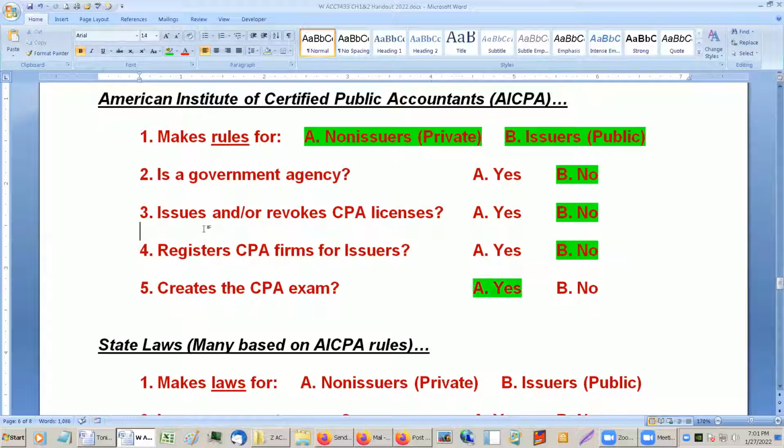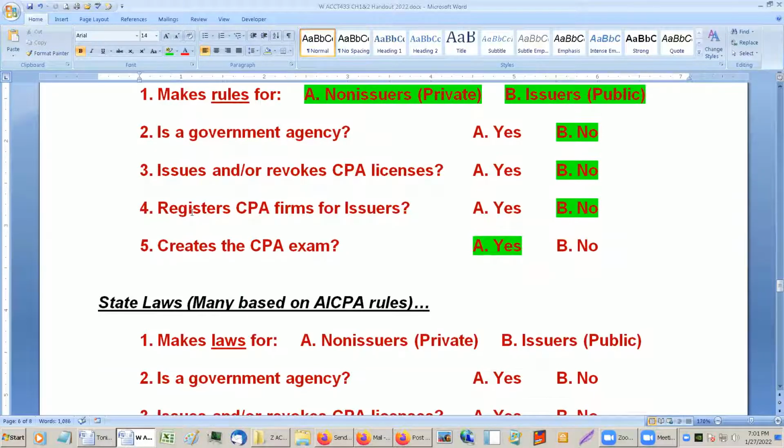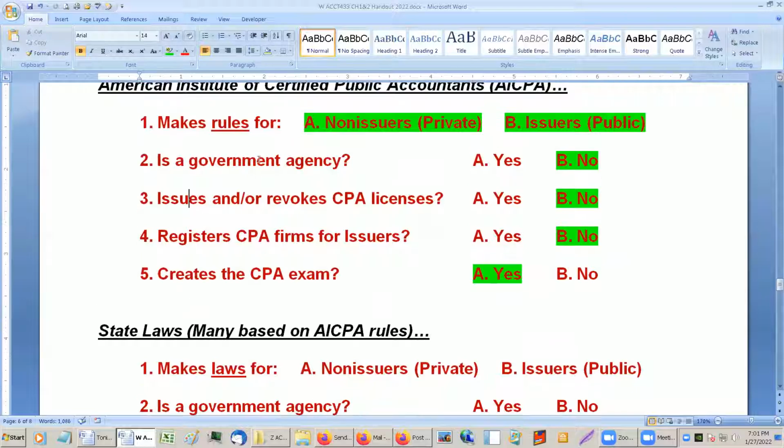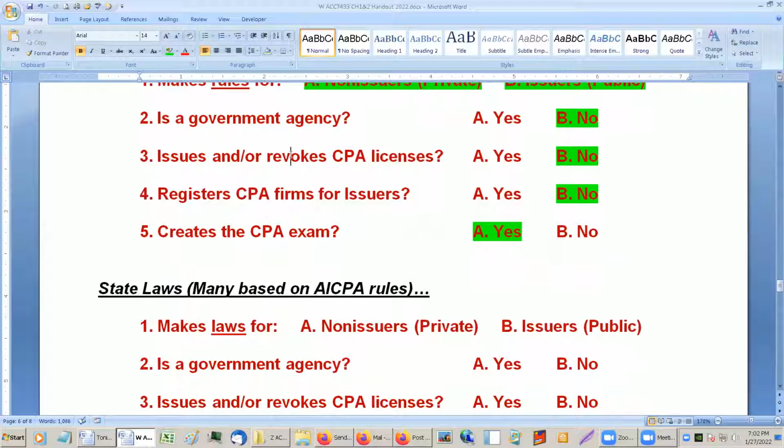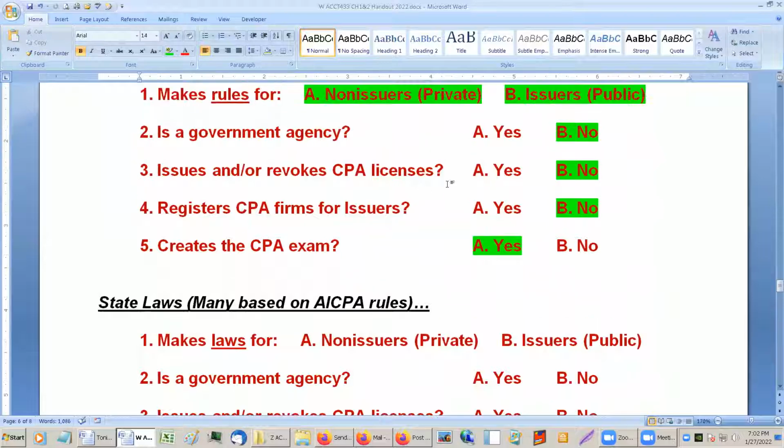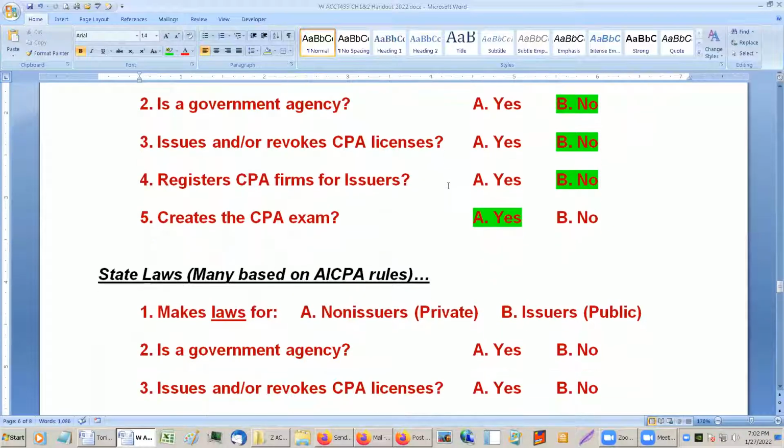They are not a government agency. They have no direct power. We'll talk a little bit in a minute or two about some powers they do have. They don't create or issue CPA licenses, they can't revoke them, they don't register CPA firms. So that's kind of where they're at.